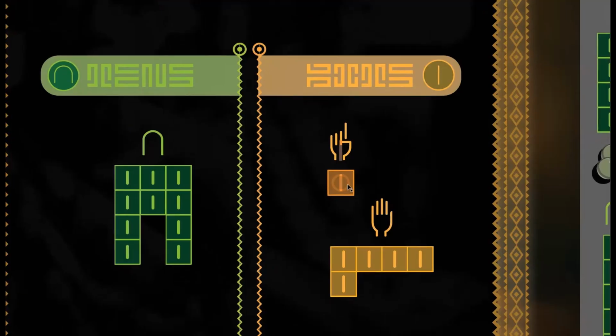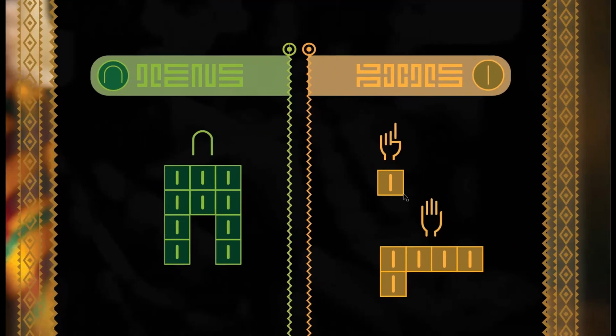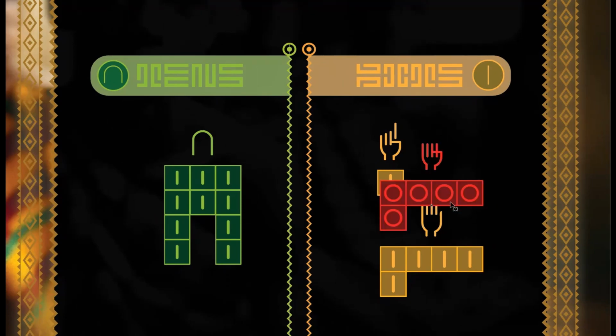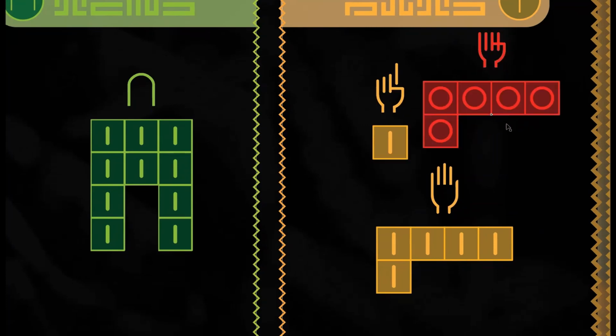Now, the same way we have a zero pair for our units, we also have a zero pair for our hands. So you see how we have our positive toy, we have 5 fingers up.